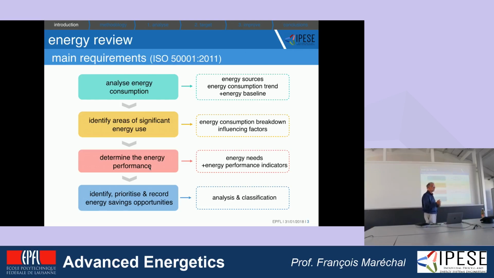Which means that you will have to generate a list of options with a list of priorities that allows you to tell your boss, okay, if you give me 10 million, I'm doing this. If you give me 20 million, I will do this, this, and this, and you will save so much. So it means that you will have to classify the options.